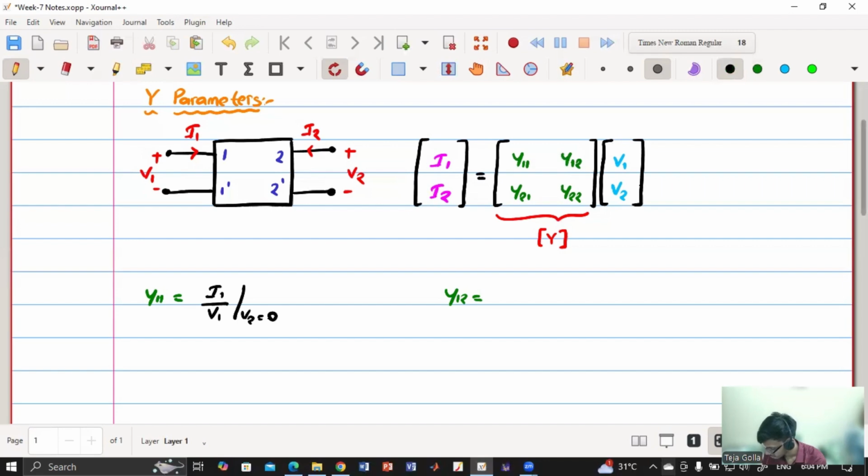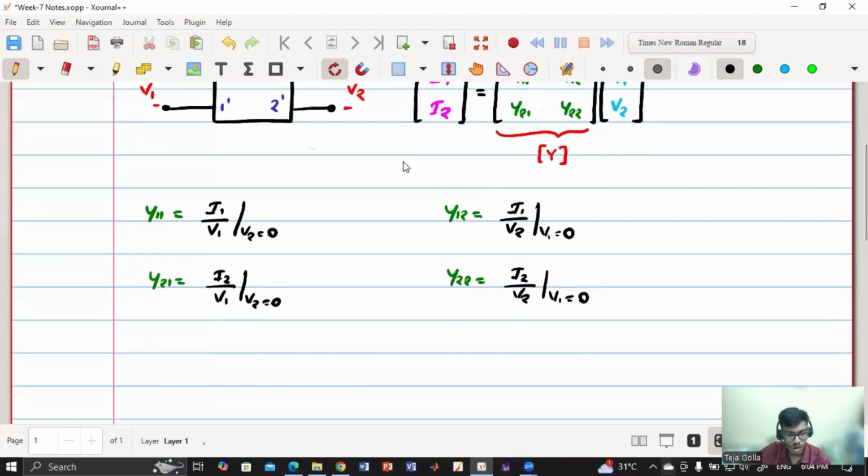So we'll get I1 by V2 when V1 equals 0. Similarly, Y21 is I2 by V1 when V2 equals 0. And Y22 is I2 by V2 when V1 equals 0. So this is how I'll be getting them.